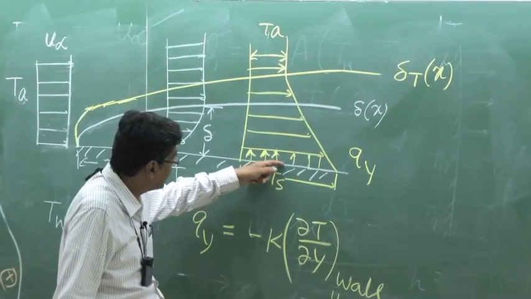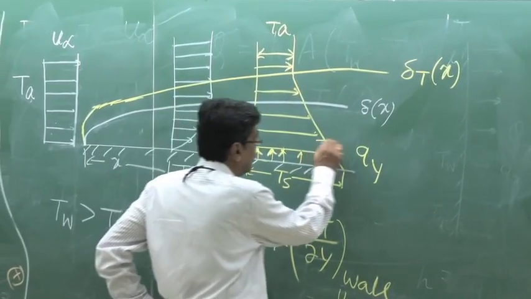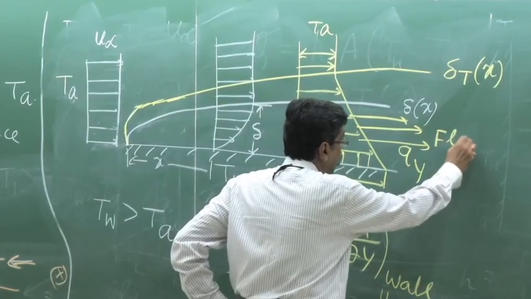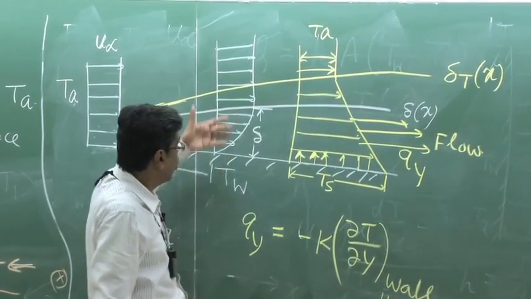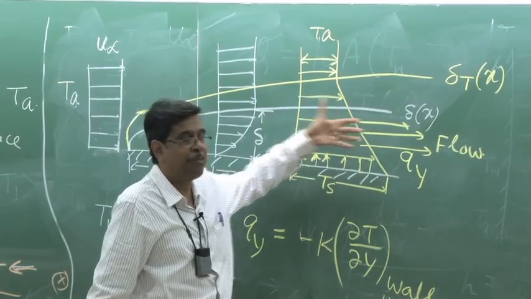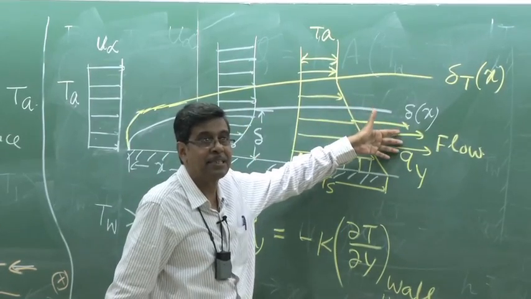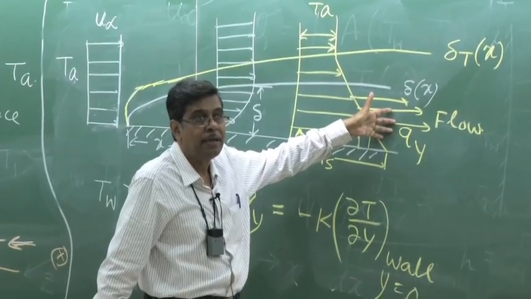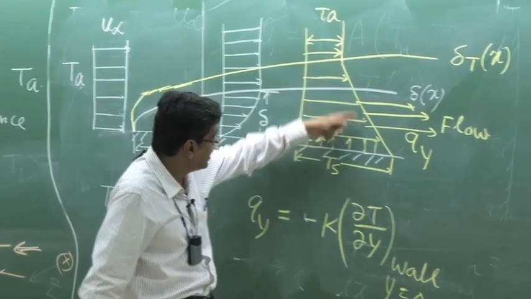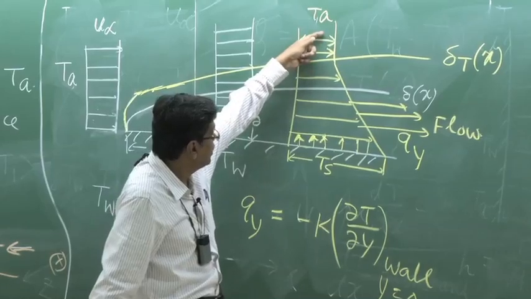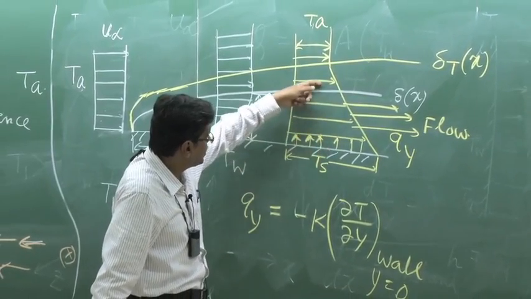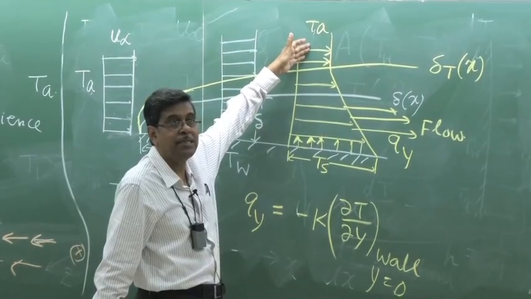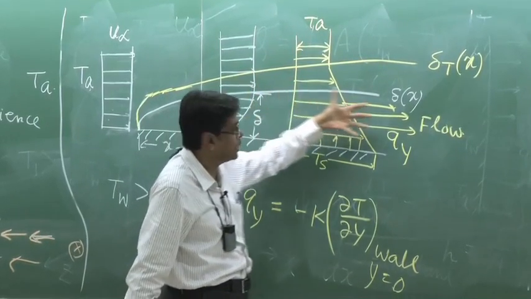But what happens? Just above the surface there is a flow. Now this flow convects the thermal energy, advects the thermal energy, takes the thermal energy away. Because of that, the thermal boundary layer is set up. That means at some distance from the wall, the fluid gets the opportunity to reach the free stream temperature because of the advection of the energy.